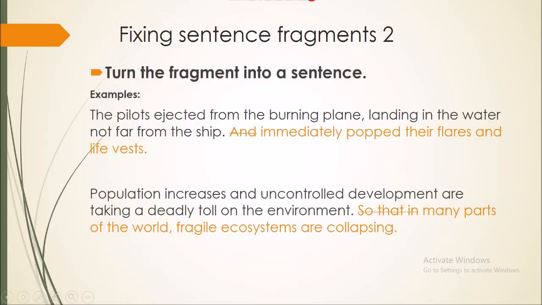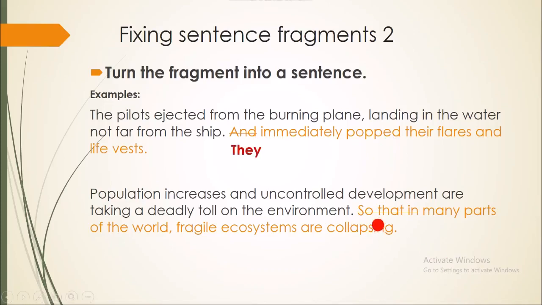The second way of fixing sentence fragments is turning the fragment into a sentence. We have one independent clause and one dependent clause that doesn't have a verb or a subject. For example, here we have "and immediately popped." We just need to make it a sentence by adding a subject, they.